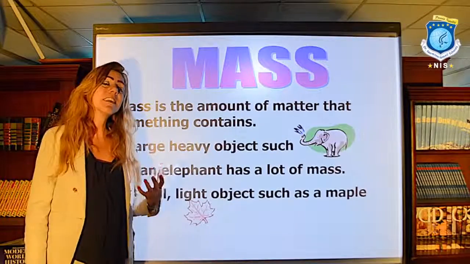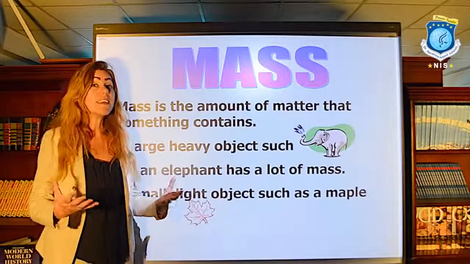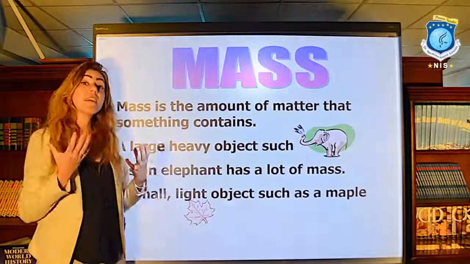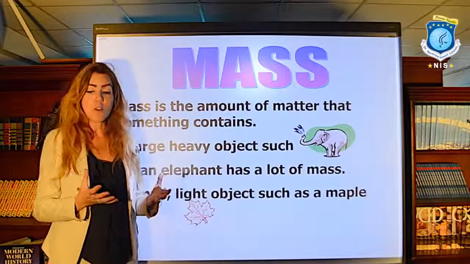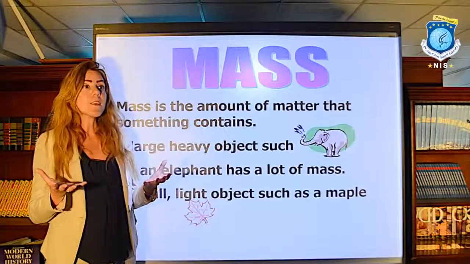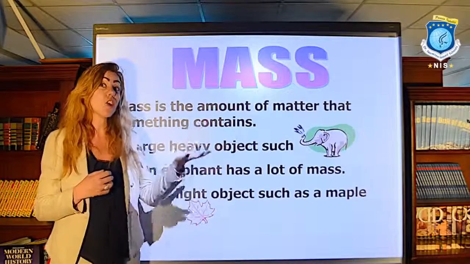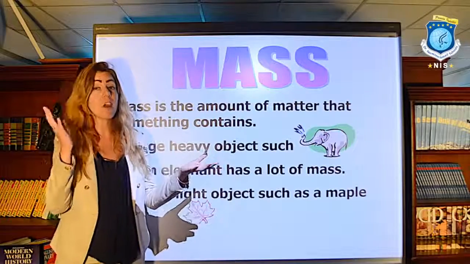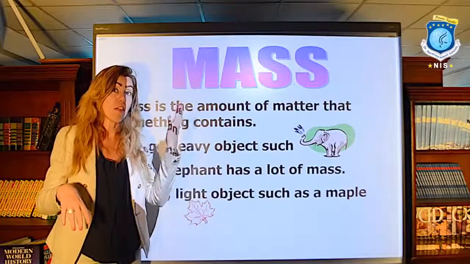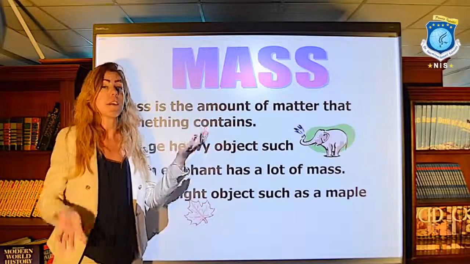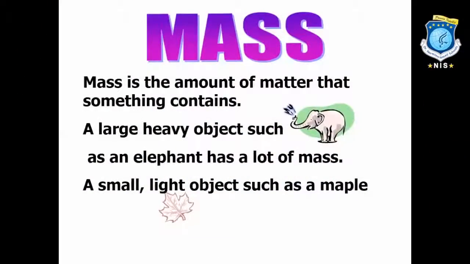Mass is like weight, all right? It's the amount of matter that something contains. So, it's like weight. For example, when you say this object has a larger mass than this object, that means this object is heavier than the second object.